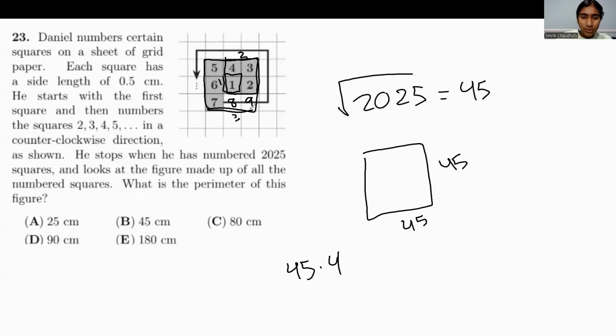So instead of this being 1, this only counts for 0.5. So we would have to multiply this by 0.5. Now 4 times 0.5 is 2, so now we have 45 times 2, which is 90. So the perimeter of this figure is 90 centimeters, making our answer D.